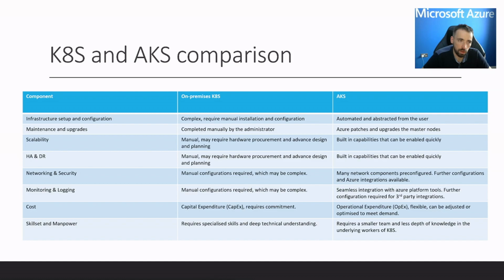So in an on-premises cluster, we're going to need deep understanding of the different components so that we can set them up from scratch, whereas with an Azure Kubernetes cluster, there's still skills required, of course, around how a cluster works and how to configure the deployment of our applications to be efficient and work the way that we need it. But this is not in comparison to Kubernetes on-premises.